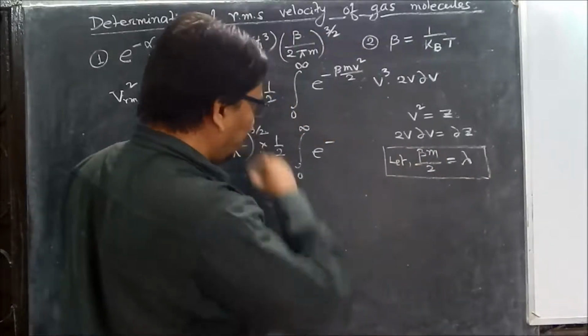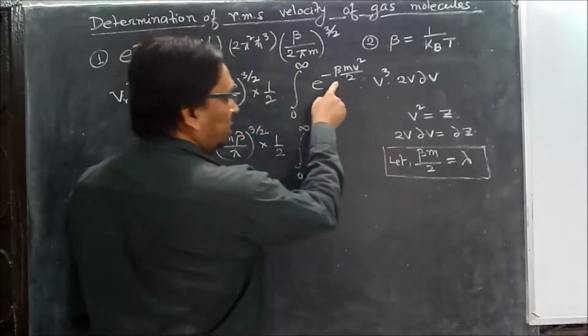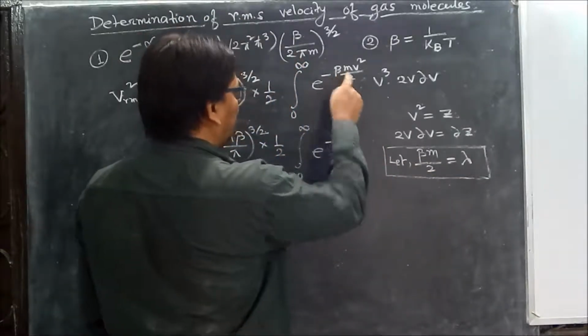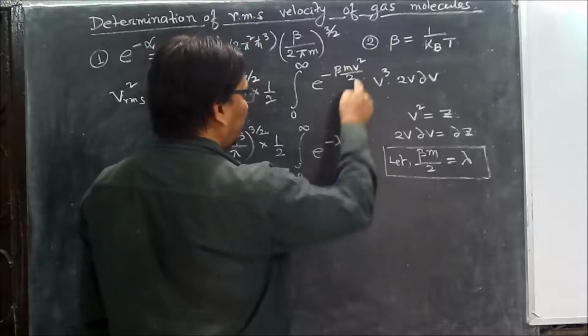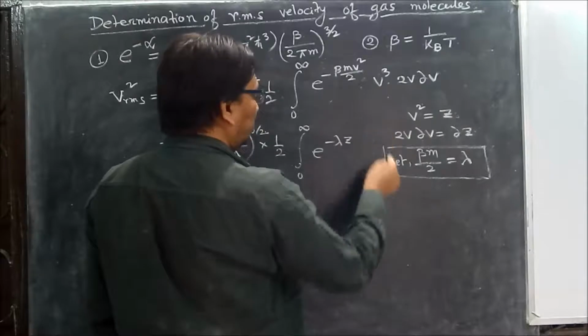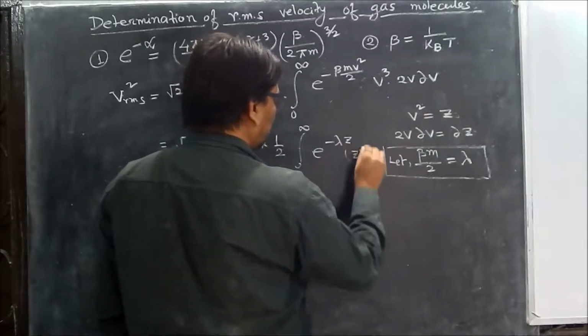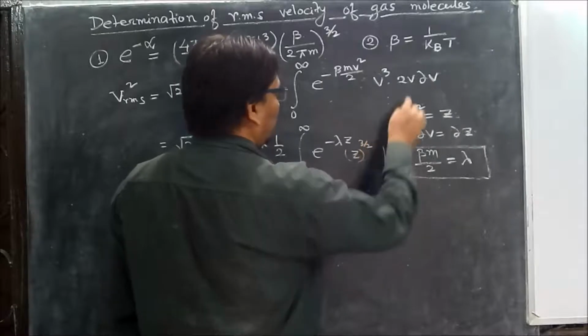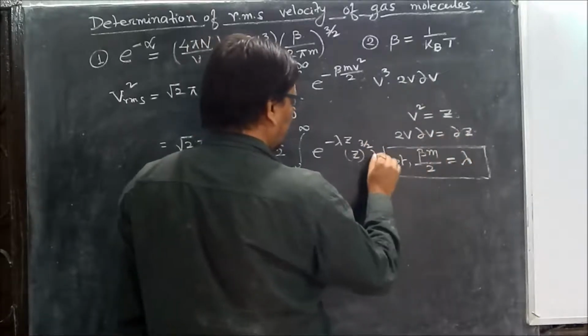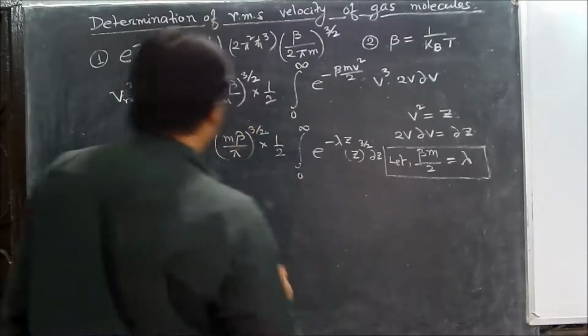Then e to the power minus lambda, and v square is z, so this can be written as lambda z, and v cube will be actually z to the power 3 by 2, and 2v del v is actually del z. Okay, so the integration becomes this much.